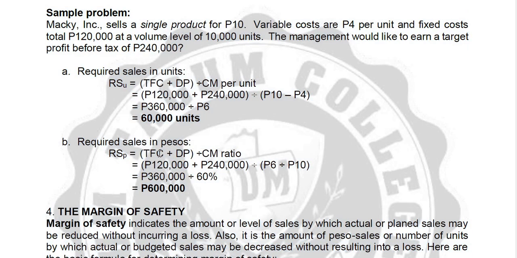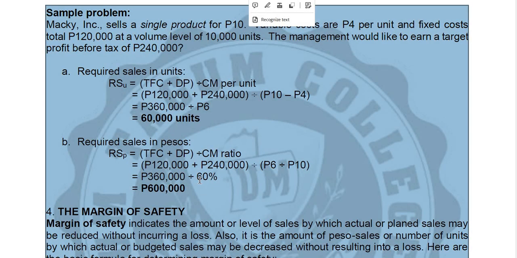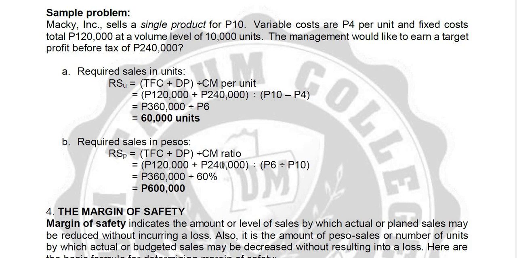So, that's total fixed cost plus your desired profit divided, this time, by contribution margin ratio. So, that is 6 pesos divided by 10 or 60%. So, yung total nito, the desired profit plus your fixed cost, nga 360,000, you just divide that by 60% para makuha mo yung required sales in peso.